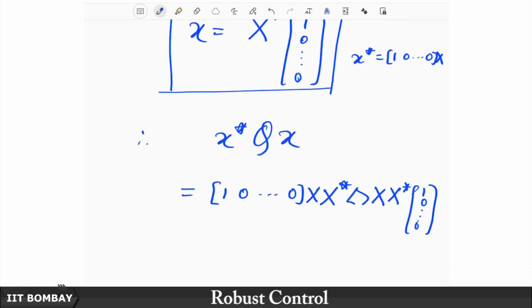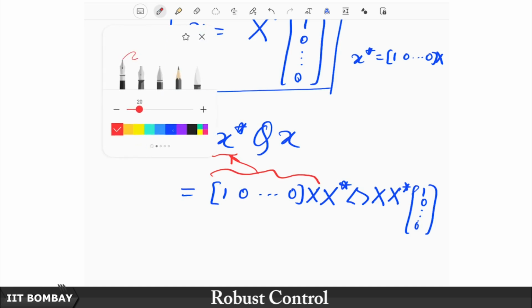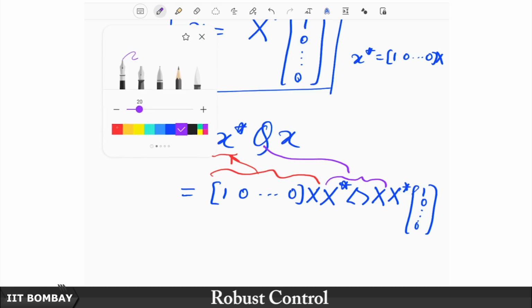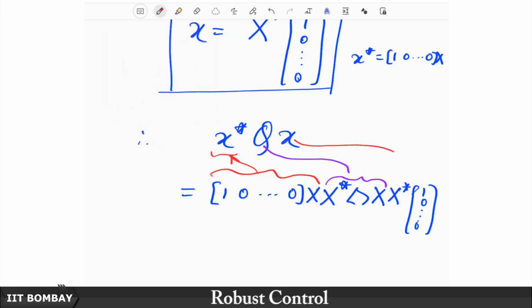So if I were to now mark it out for ease of reference, this x is this, let me use a different color, purple, yeah. This Q is this, okay, and this x is this, right.